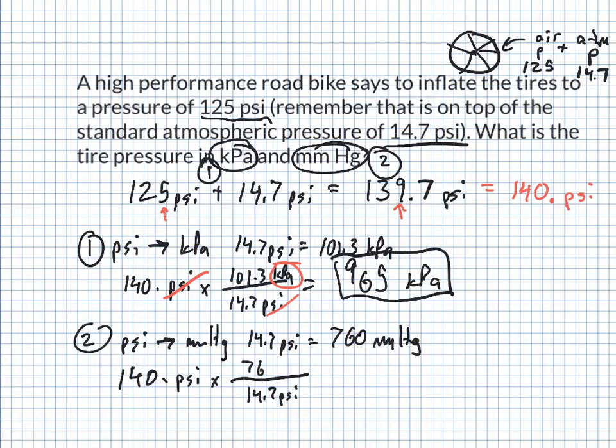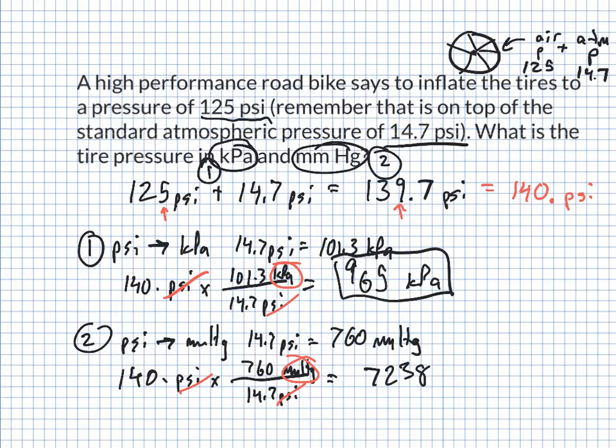My numerator is going to have that 760 millimeters of mercury. My units cancel, giving me the right thing, so I set it up right. I want 3 sig figs, 140 times 760 divided by 14.7. So to 3 sig figs, let's write this out.